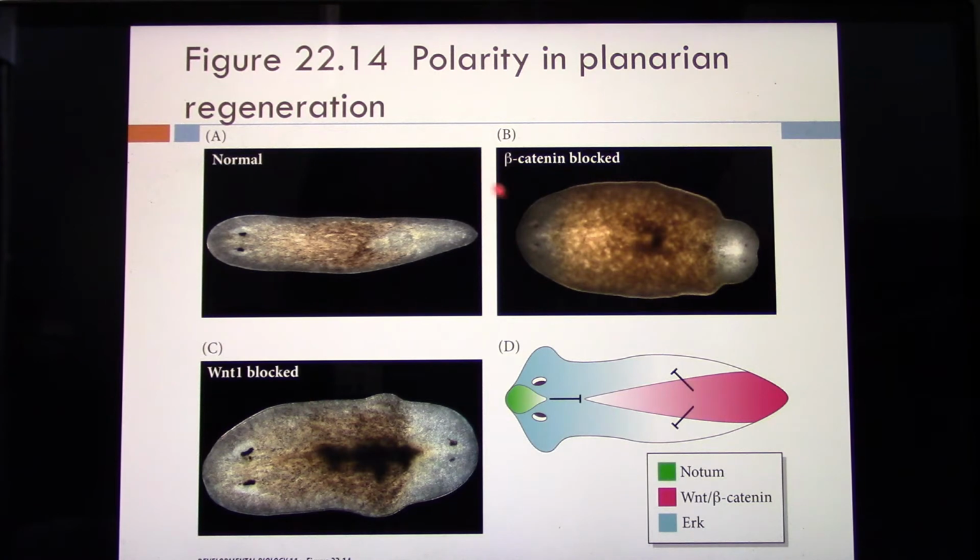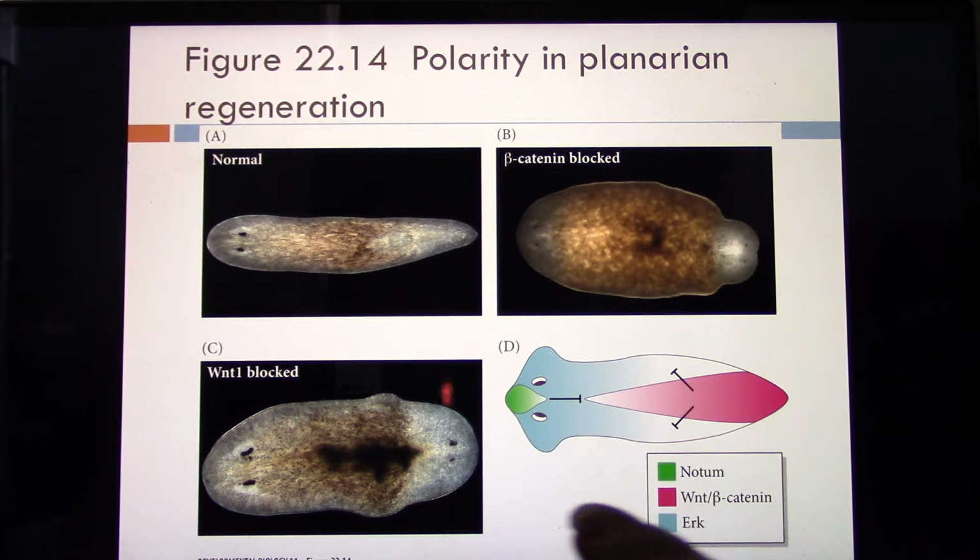And it's harder to see in panel B, but it's got two heads. There are two eye spots on either side of the creature, just like in the Wnt1. And that just reflects the Wnt pathway. Beta-catenin is a target of the Wnt pathway and is the thing that goes into the nucleus and transcribes genes to allow regeneration of tissue. And Wnt is the signal for that transcription.